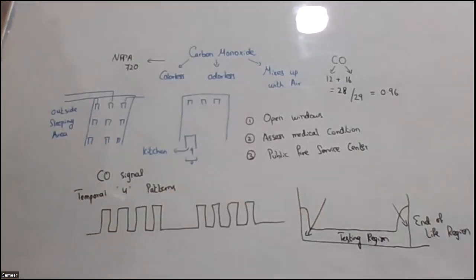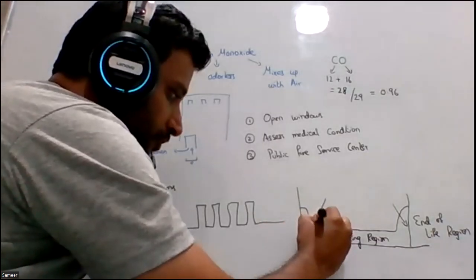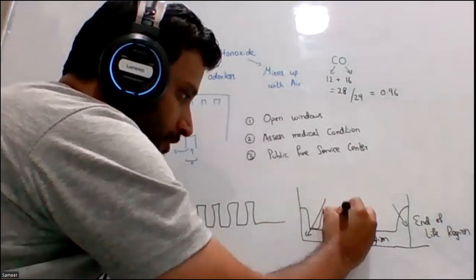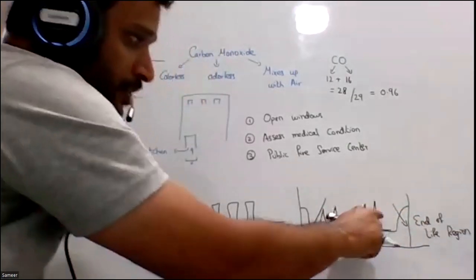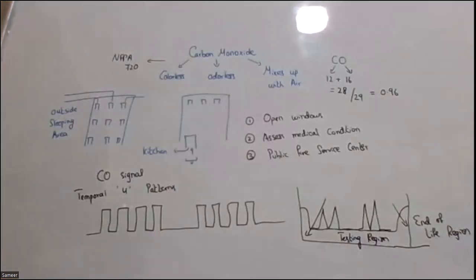So in the testing region or in the failure region, let's say that if the fault ratio is again increasing high, fluctuating, consistent, fluctuating, consistent, reaching above even the end of life region, at end of life I know that there could be component failure. Maybe I may require to replace the system, or I may require to replace the whole control panel.